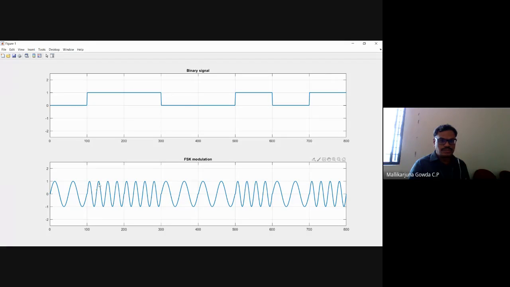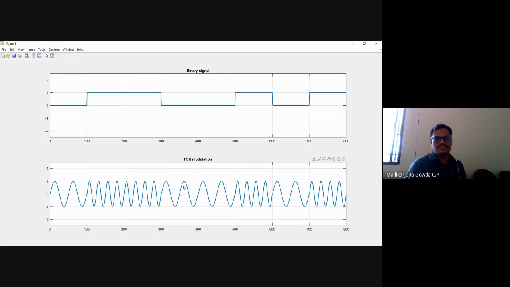So it is 1, 2, 3, and 4 cycles. Symbol 0 I am representing with 2 cycles of the carrier, and symbol 1 with 4 cycles of the carrier. The next bit is also 1, so I am sending with 4 cycles of the carrier. The next symbol is 0, so I will be sending with only 2 cycles of the carrier, right?